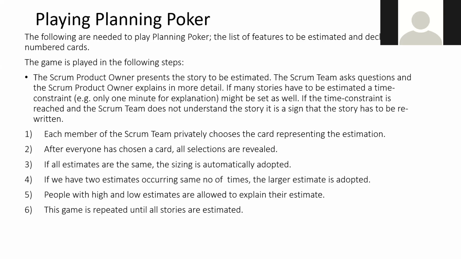And then, for instance, if we have somebody picking a 2, and somebody picking a 5, and probably the majority comes up with a 3, those picking the 2 and the 5 would have to explain why they have chosen those numbers.